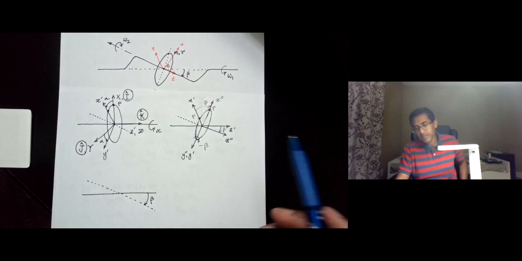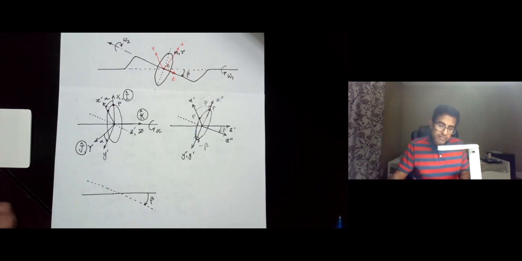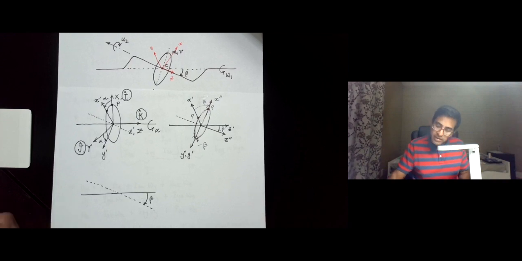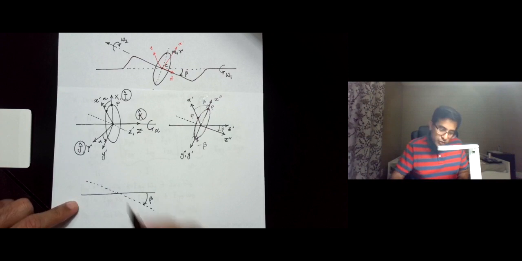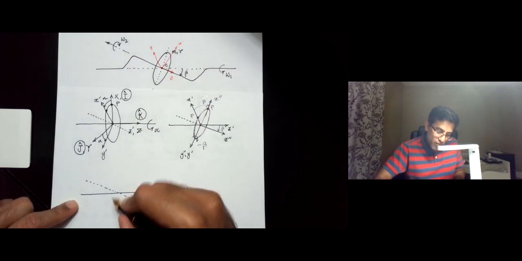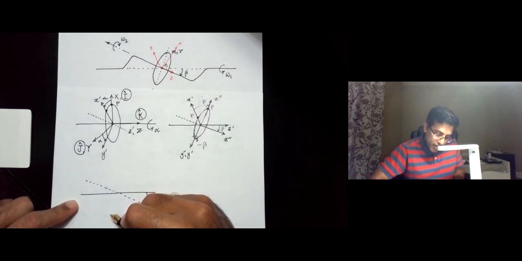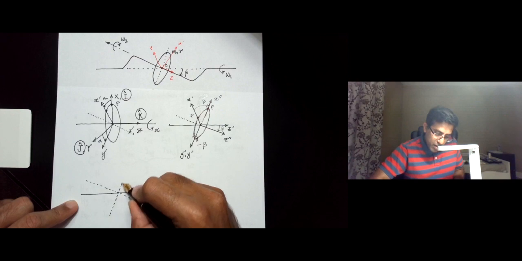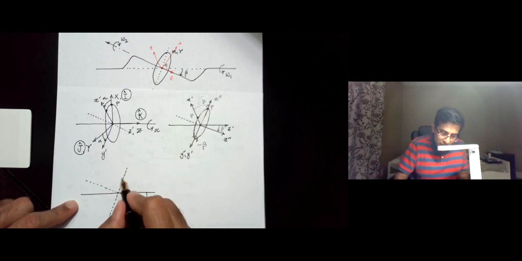It's just because of the way I sketched it. This is just a hand sketch, so please bear with these diagrams. Then what we do is, so this is how the disk is right now.